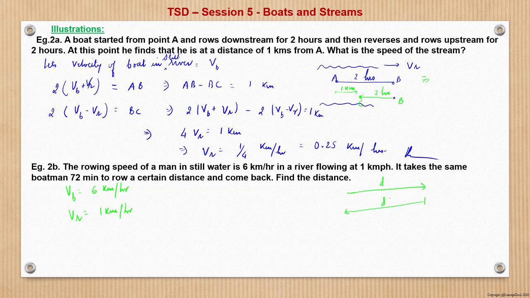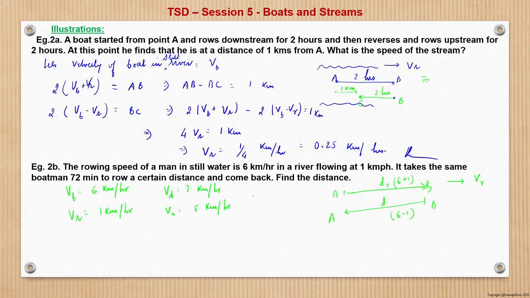Let this be D, with points A and B. Let this be the direction of the river. Downstream is 6 plus 1, and upstream is 6 minus 1, right? So first I will find the velocity downstream, which is 7 kilometer per hour, and the velocity upstream is 5 kilometer per hour.